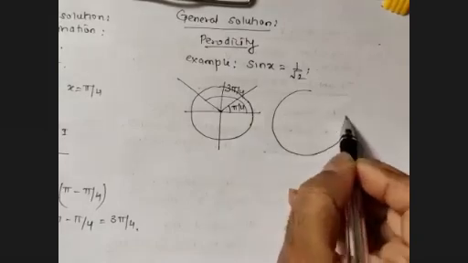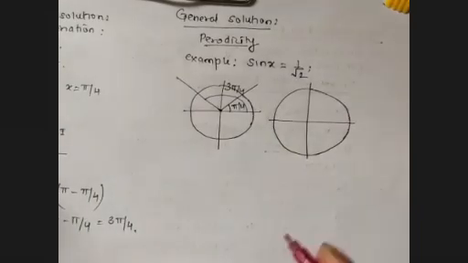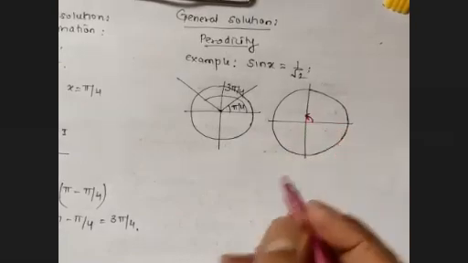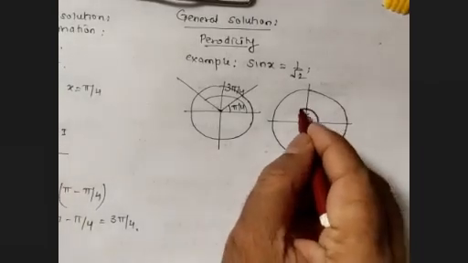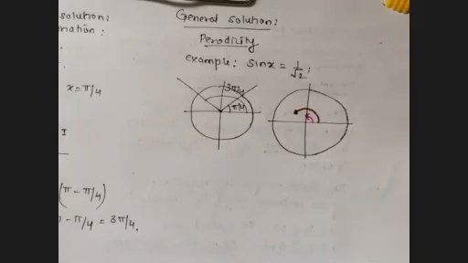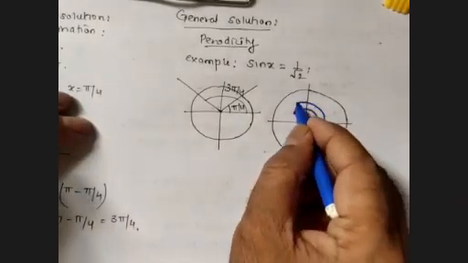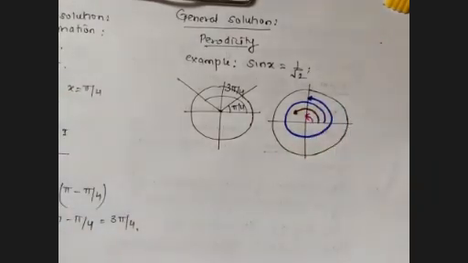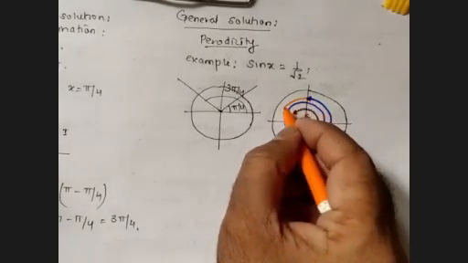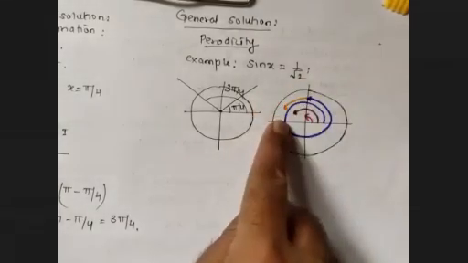सो ये वैल्यू हमें कब कब मिलेगी? 45 में मिलेगी, 135 में मिलेगी, 360 प्लस 45 में मिलेगी, और आगे चले गए तो यहाँ पे फिर मिलेगी 360 प्लस 135. यानी ये गोल गोल घुमा सकते हैं, n number of circles.